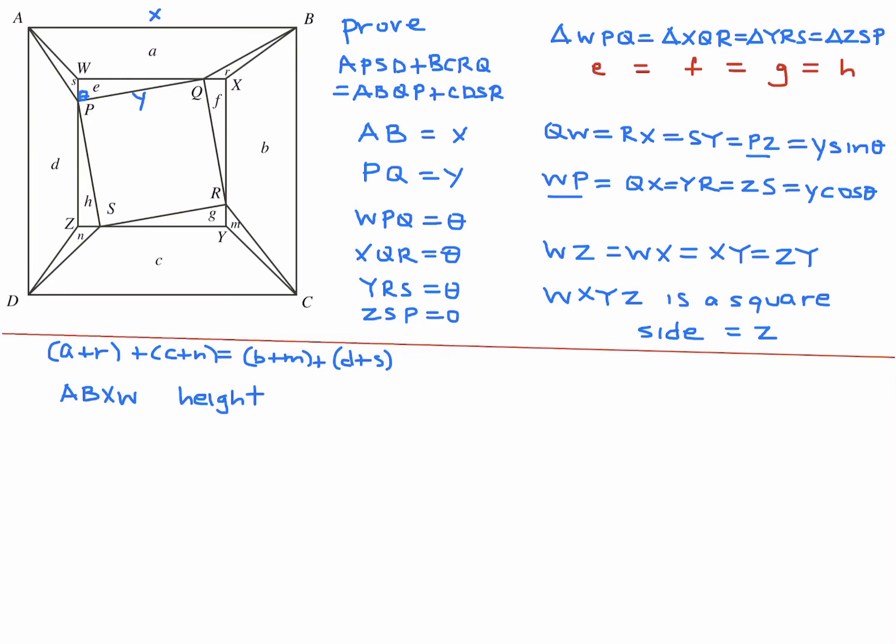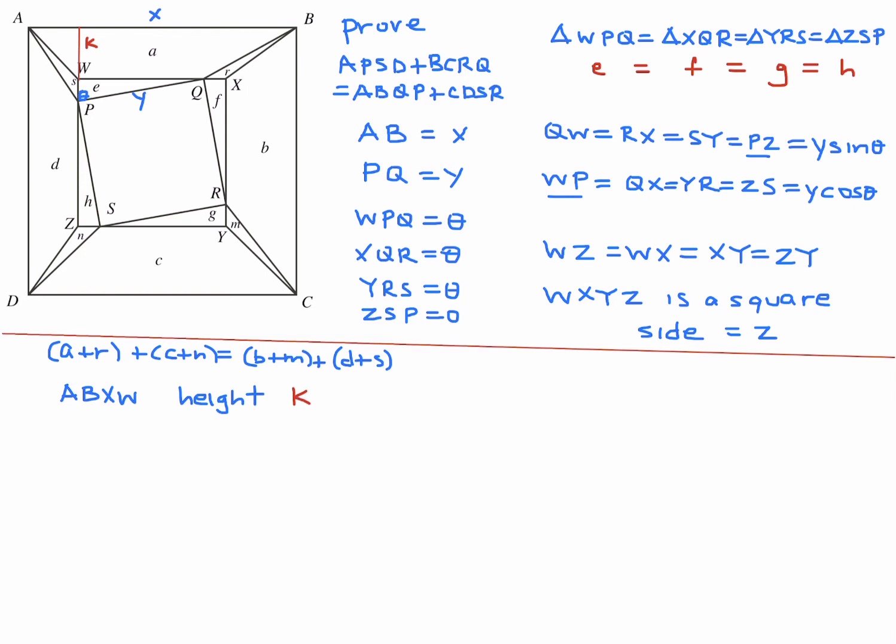So where's ABXW? ABXW is right here. We need to label a height. So I'll label a height top to bottom. Let's just call it from here to here. And we can call that K. Okay, so I'll put that there.